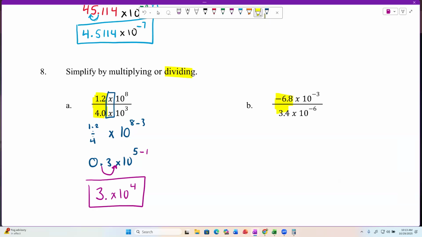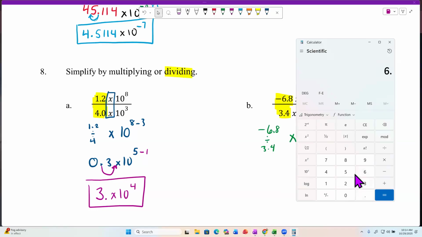We're going to do our division. -6.8 divided by 3.4 times 10, -3 minus -6, top minus bottom for exponents. All right, so 6.8, make that negative, divided by 3.4.